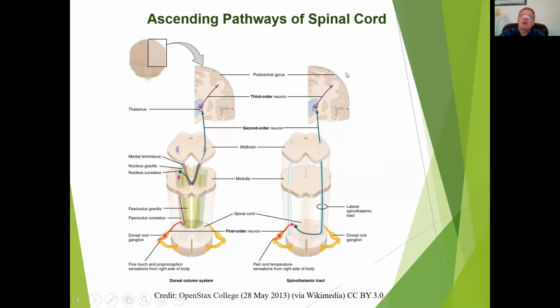So not only is the white matter organized, you have the posterior column, lateral column, and anterior column. The posterior column is just ascending information. The lateral area of the white matter has both descending and ascending nerve tracts, and anteriorly you mostly have descending motor information, although you have some ascending sensory information as well going upwards.